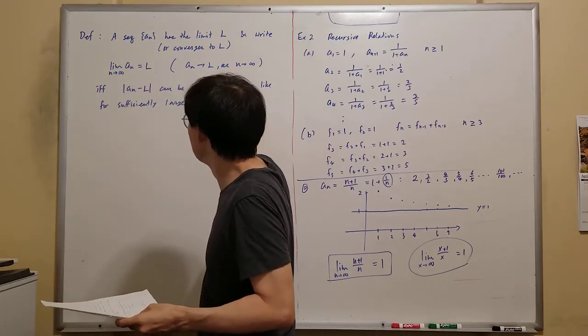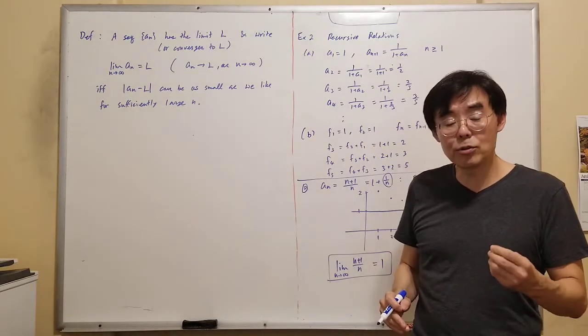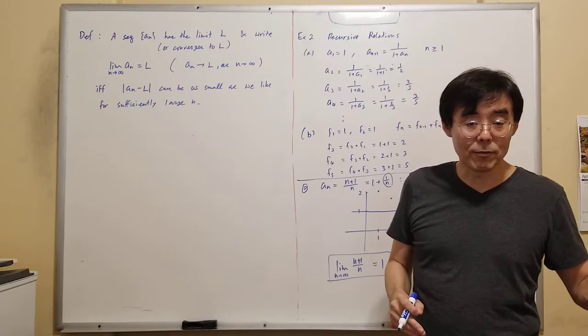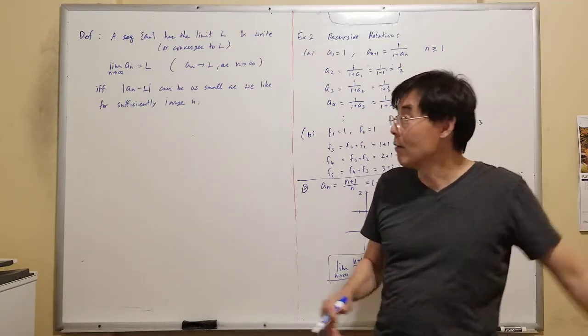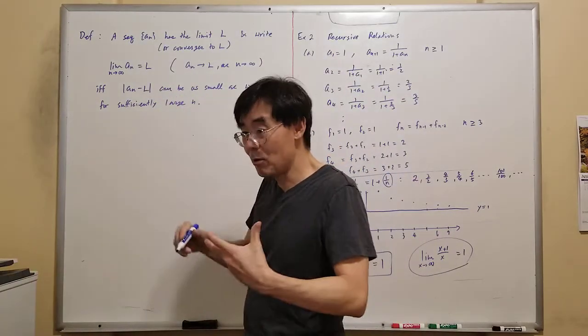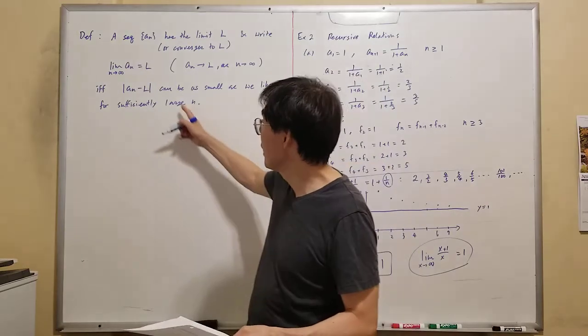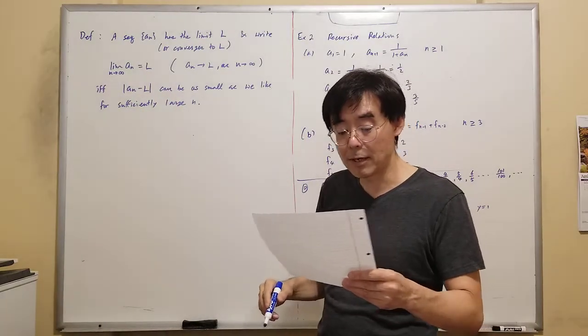Okay? If we can make this as small as we want, as close to 0 as we want, for all n greater than a certain value, for all sufficiently large n, then we say the limit of the sequence a_n equals L. Okay?